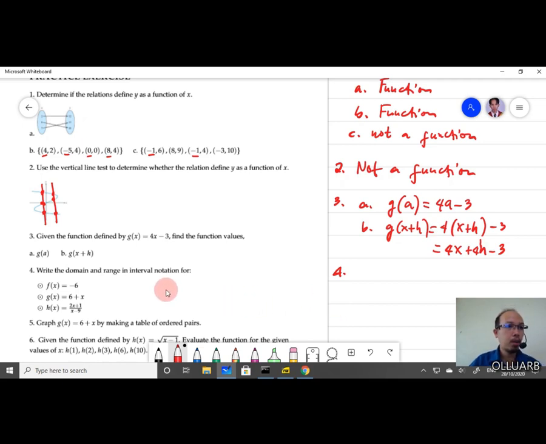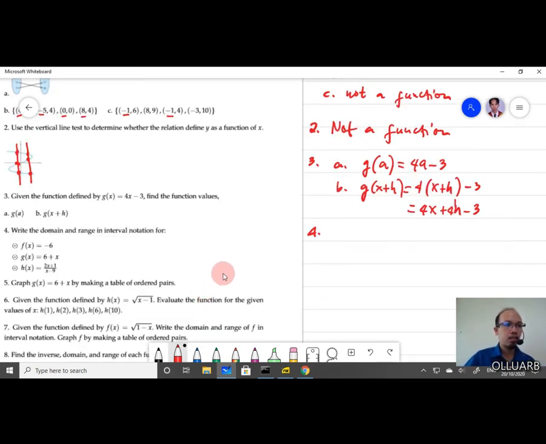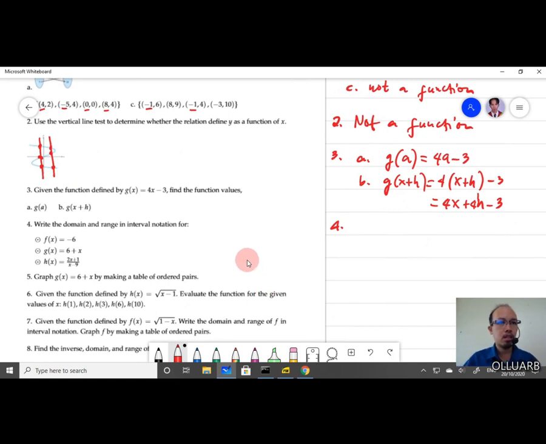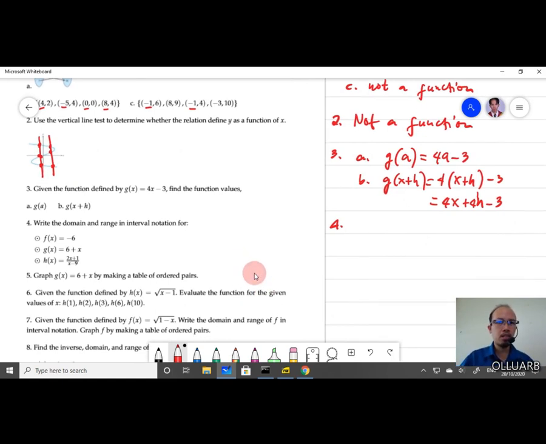For number 4, write the domain and the range in interval notation. Number 4, let's say this is letter A, B, and C. Okay, for letter A, f of x is equal to negative 6. So notice that there is no variable in the denominator. So meaning to say this is always defined for all values of x.